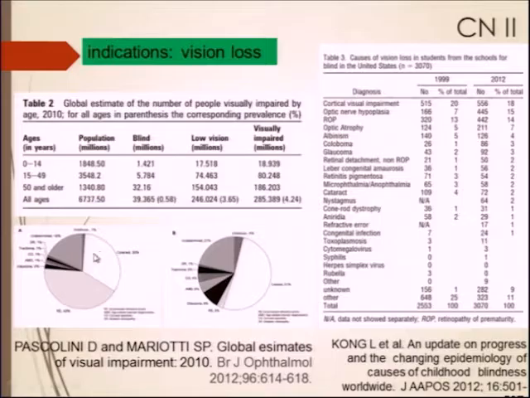It's interesting to look at the causes of visual impairment in adults, many of which are secondary to refractive errors or cataracts, and blindness, mostly secondary to cataracts, as opposed to causes of vision loss in children, where cortical visual impairment, optic nerve hypoplasia, and optic atrophy are common. So many of the disorders where neuroimaging may be important play a more important role in causing visual impairment in children.